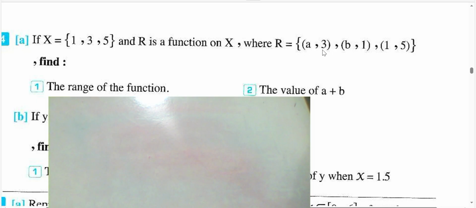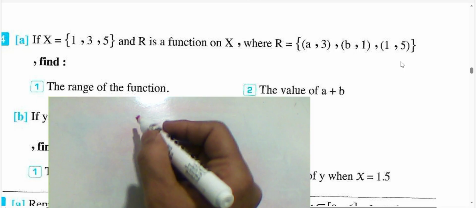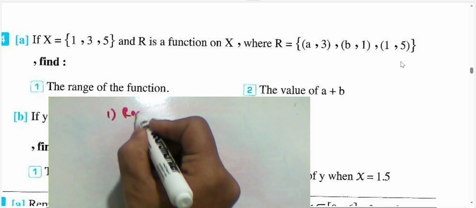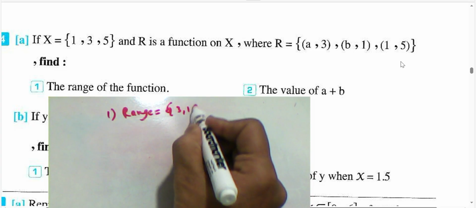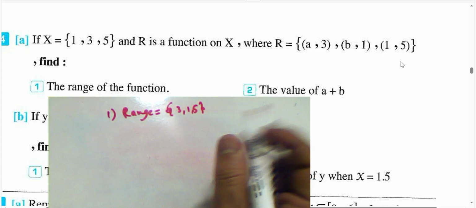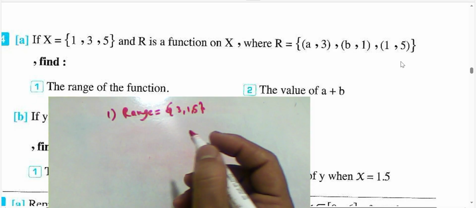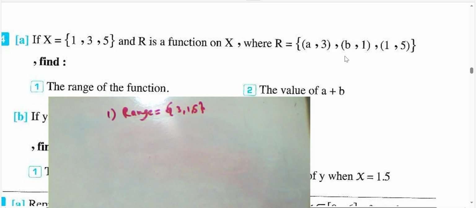The images are A, 1 and B. The range equals {A, 1, B}. Second, find the value of A plus B.